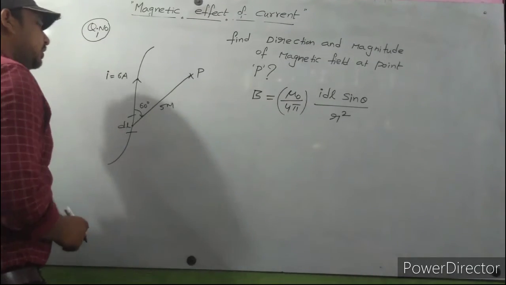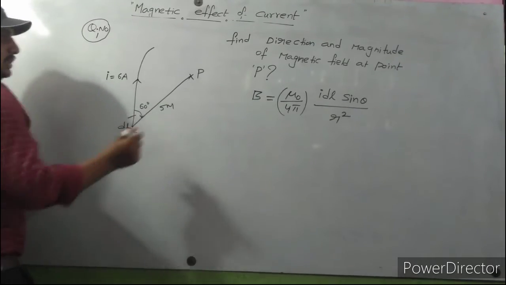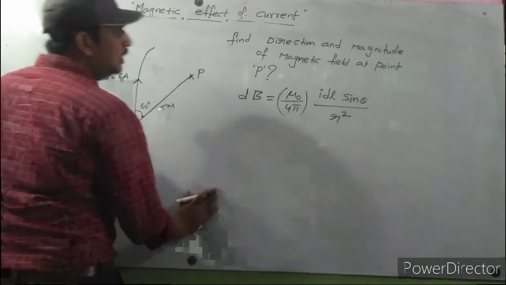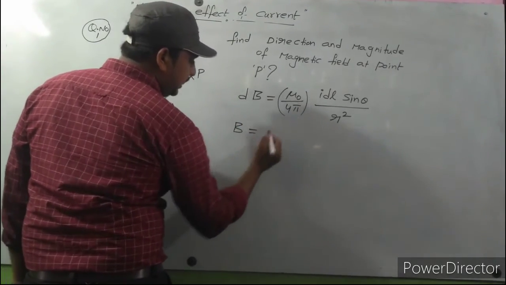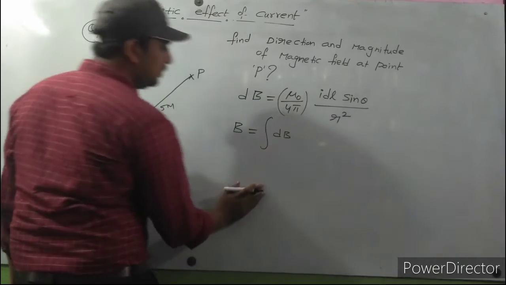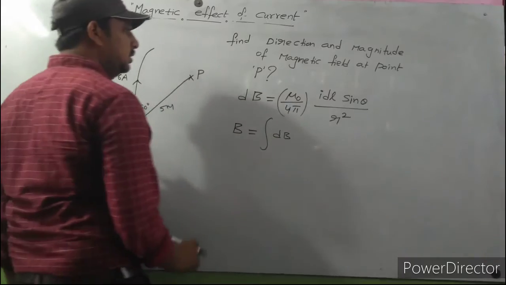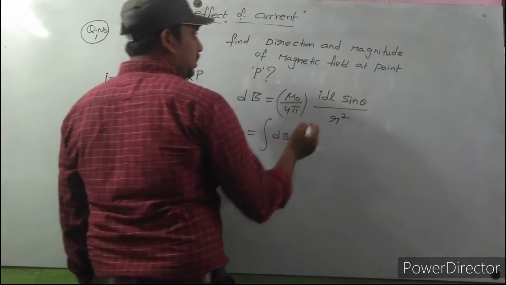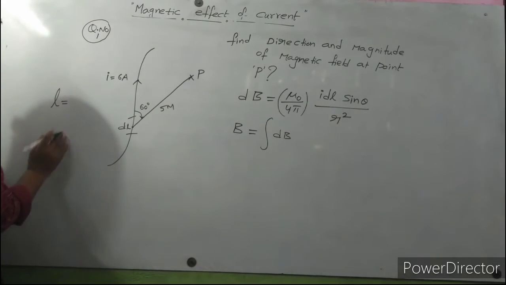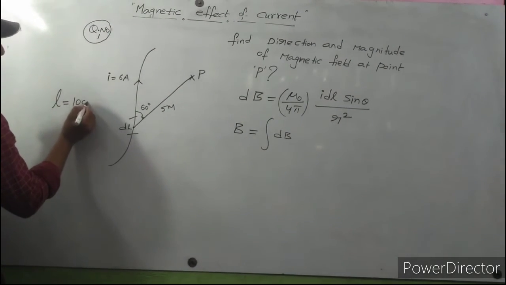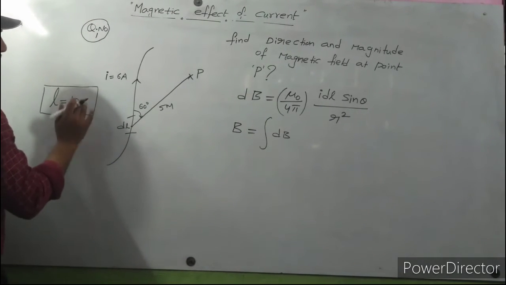So this small element of length, this is dB. So B is equal to the integration of dB. Here the total length of wire, if you consider, is some 10 centimeter, or it may be 10 meter.